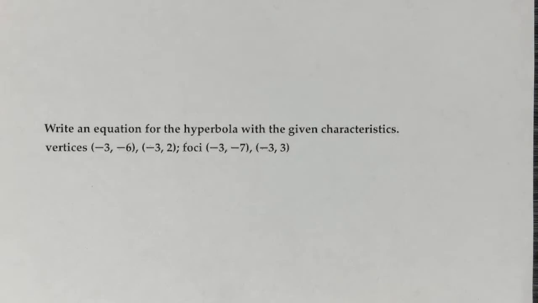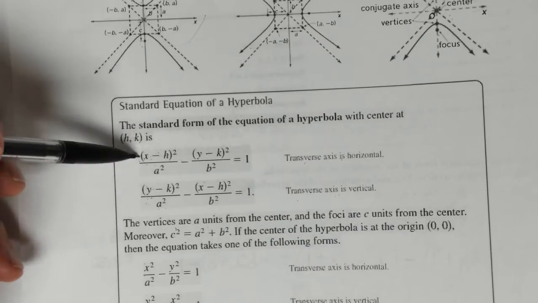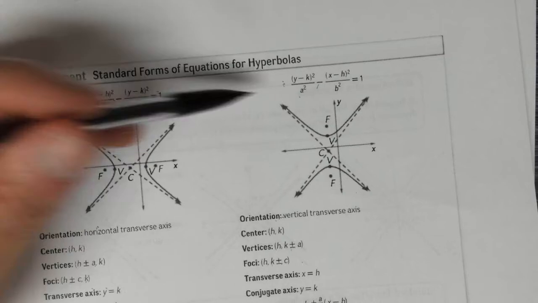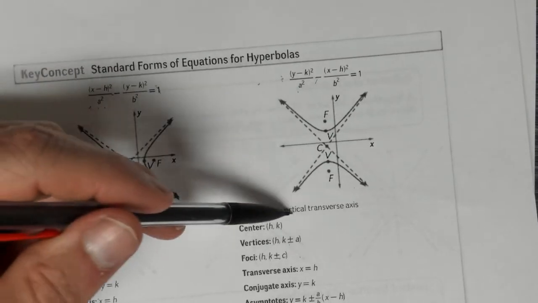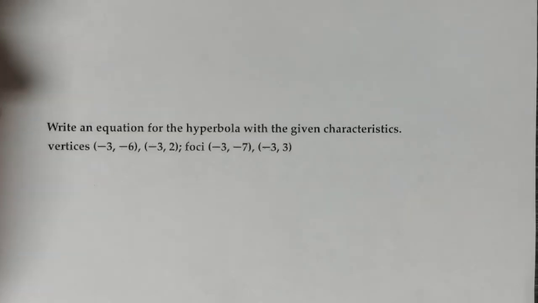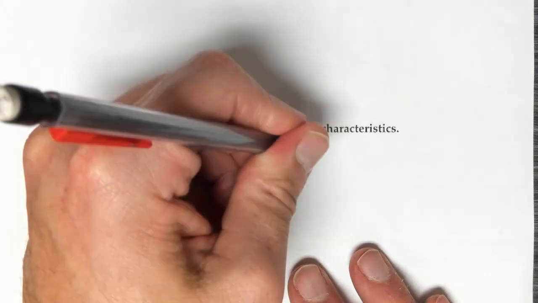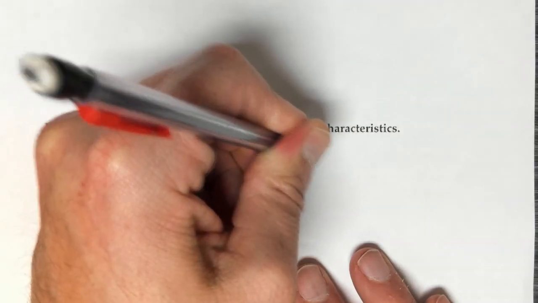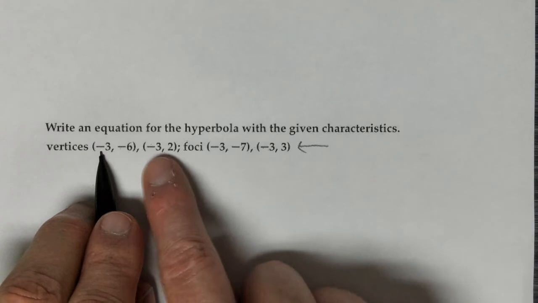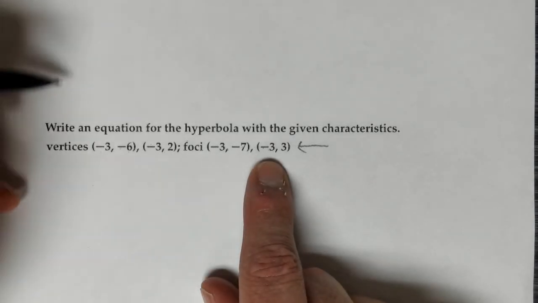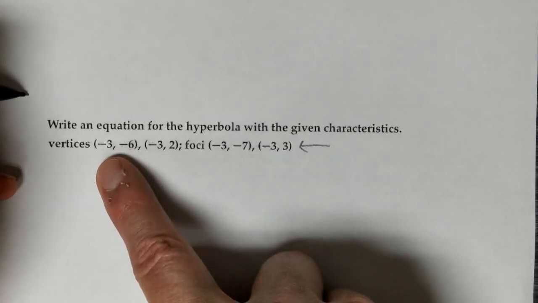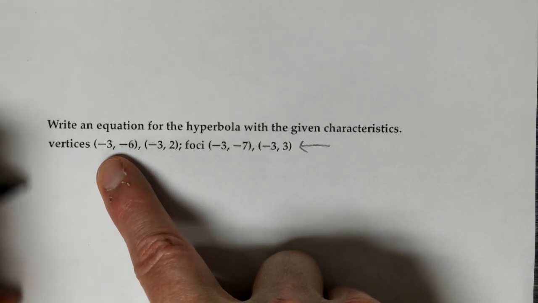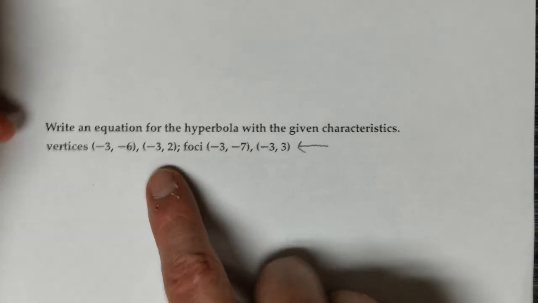So once again, as I go through and find my notes for a hyperbola, we do have two forms for the equation, depending on whether it's horizontal or vertical. So we need to determine that first so we know which one that we're going to have. As we take a look at this, it looks like my x coordinates are all the same. So if you're left 3 every time for the points, they're going to line up vertically.